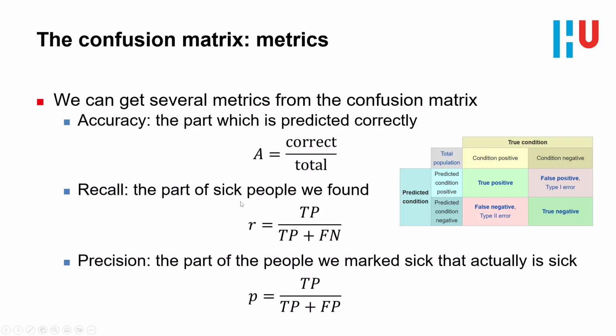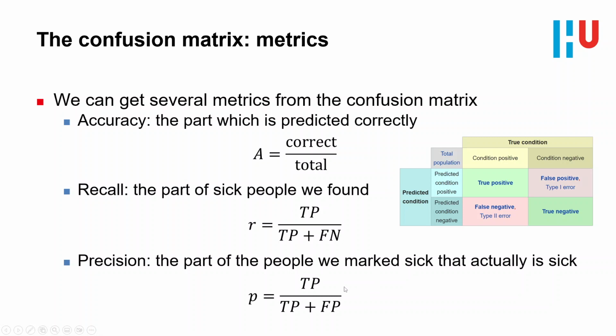The recall, that's basically the true positives over true positives plus false negatives. So those are all the people who are sick, and what ratio of those people who are sick did we really find? So that's the R. That's basically how many sick people did we find from all the sick people.